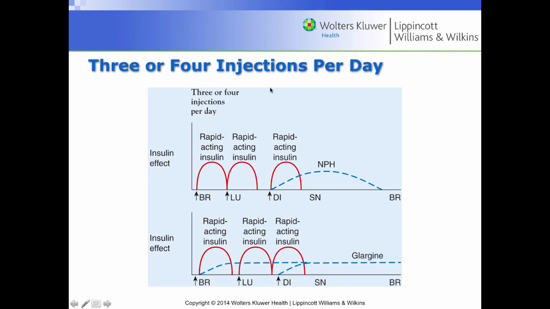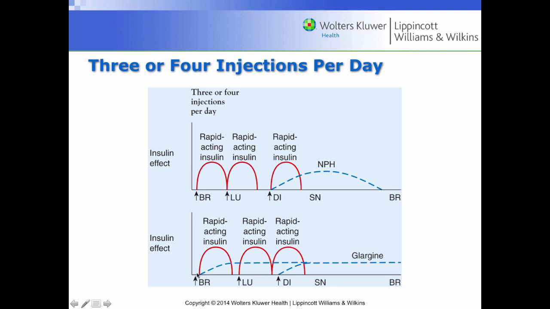And then you have more intensive insulin regimens. These are regimens that involve 3 to 4 injections per day, okay? Where you can have, for example, several rapid-acting injections in a row, and then the last one also includes a long-acting to cover the entire nighttime period, okay? Or you can have 4 injections per day, right?